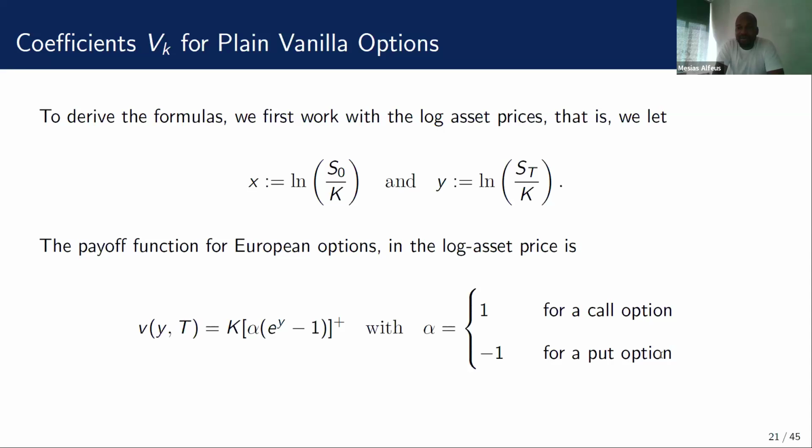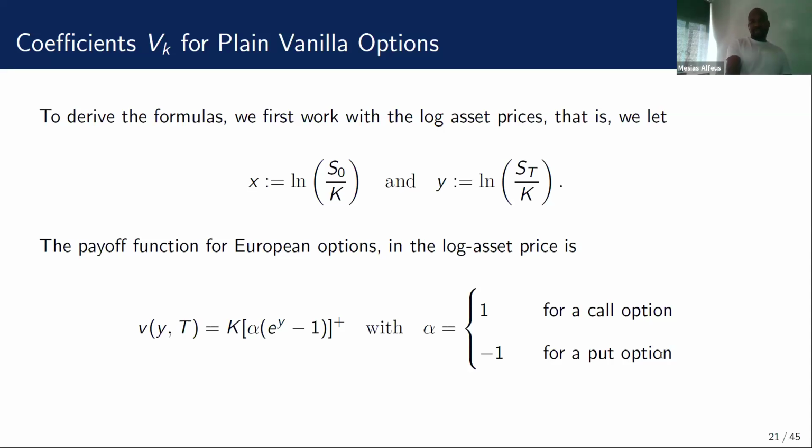And then y is ST, that is at maturity, divided by the strike price K. And then the payoff function, which we have seen before, where we said we use the maximum of 0 and ST minus K, if it's a call option, or K minus ST, if it's a put option. And then it can be written in this way.